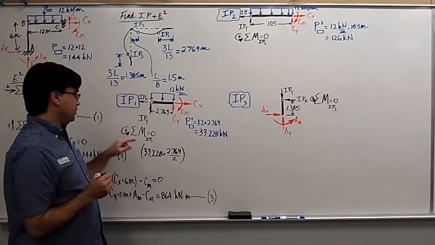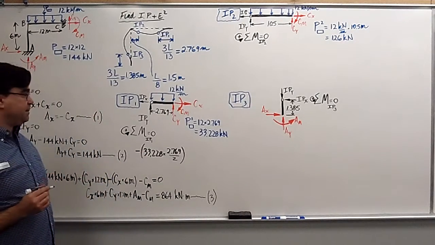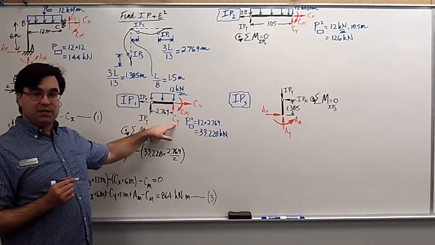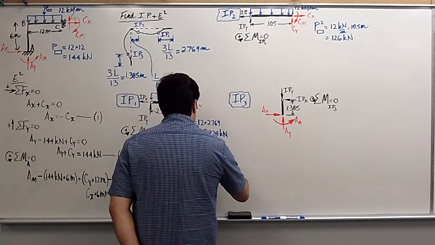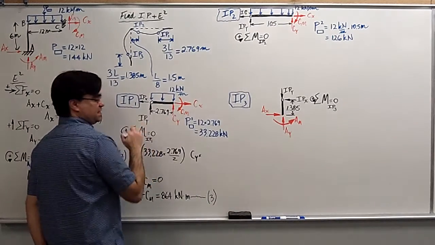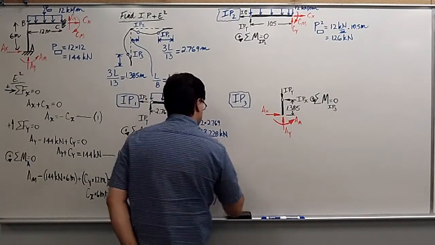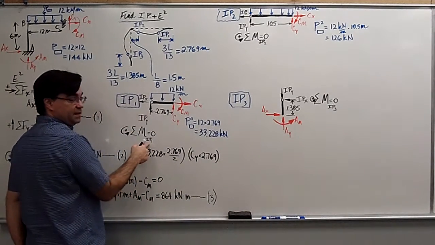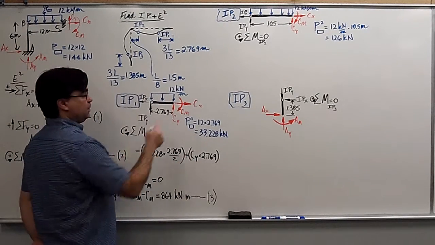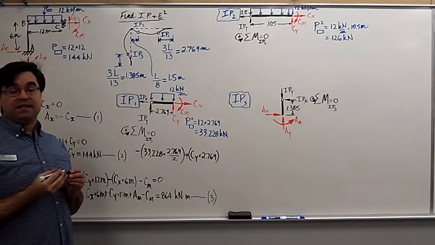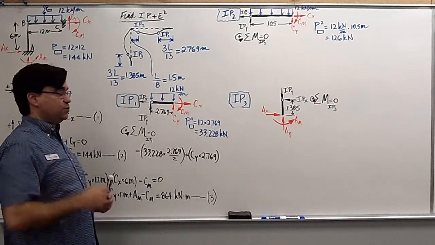With respect to this being positive, this moment is negative, because it's clockwise. Then the moment caused by Cy with respect to that inflection point is Cy times a distance of 2.769, and this moment is positive. The moment caused by Cx is nil, because the perpendicular distance between Cx and that inflection point is 0.